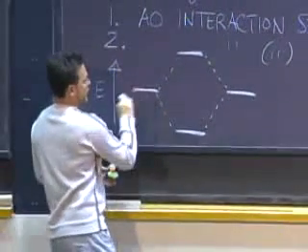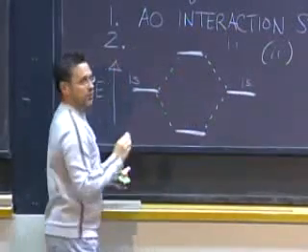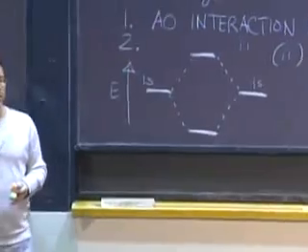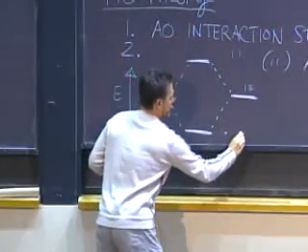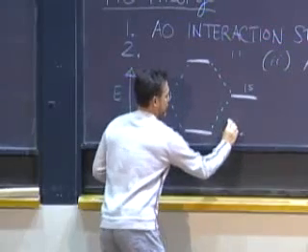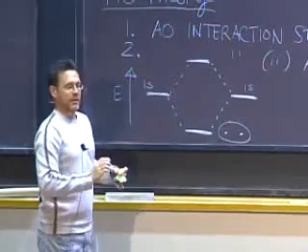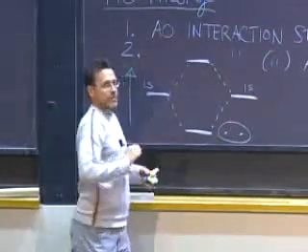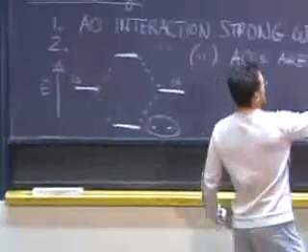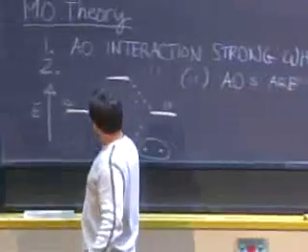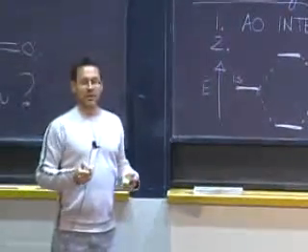And notice that if this is a 1s orbital over here and this is a 1s orbital over here for H2 or He2 systems, then when these come together and bond, here's your two nuclei, and here's a probability density isosurface that I'm drawing around that shows in-phase combination of those two 1s orbitals merging with each other, giving good overlap, and the interacting AOs being of the same energy because the H2 and He2 molecules have such symmetry.